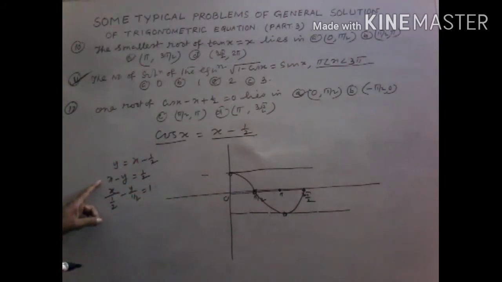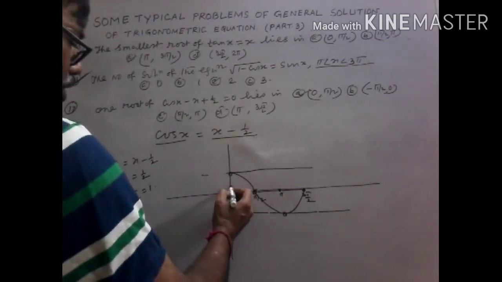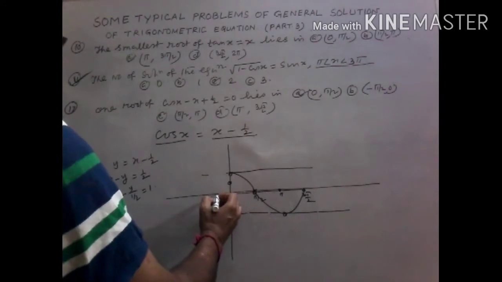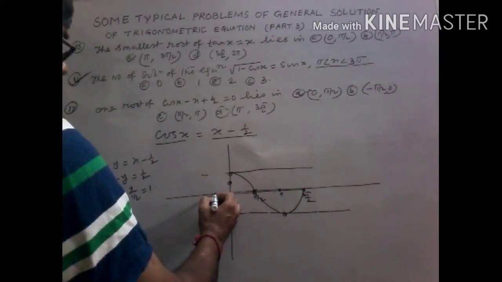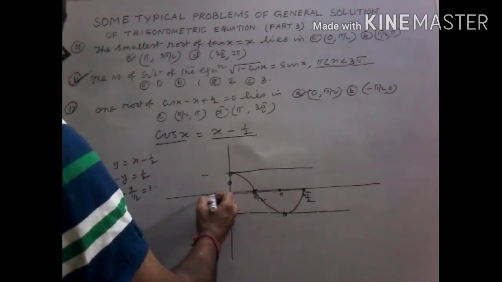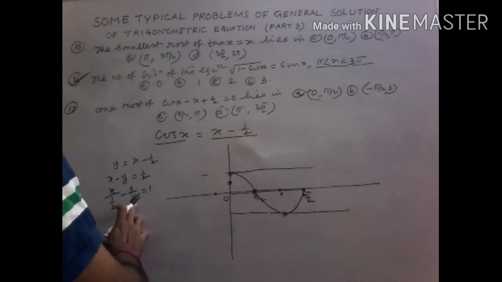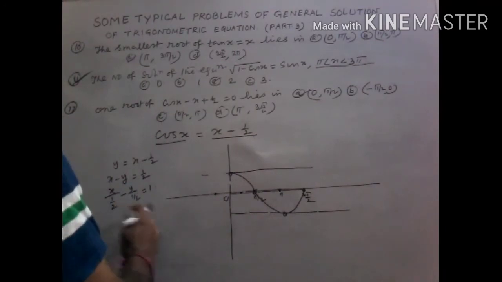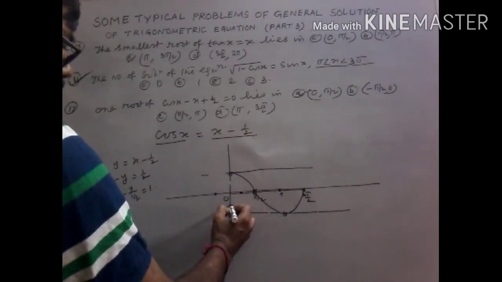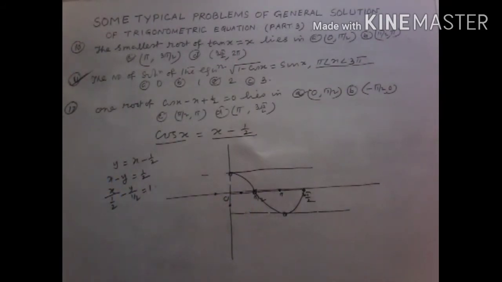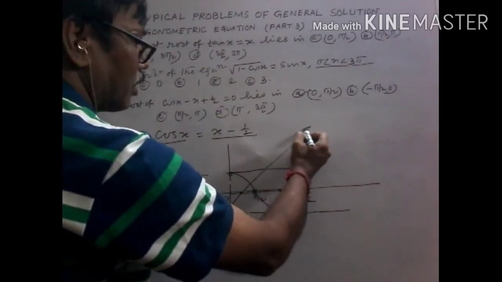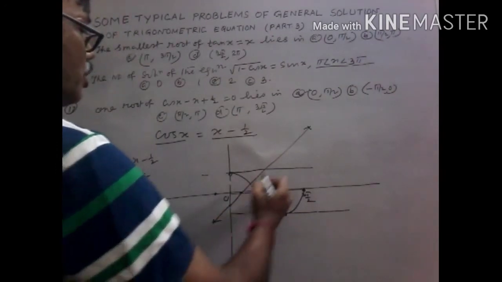So dividing by half, it cuts x-axis at half 0, and y-axis at minus half 0. This one is half 0, and y-axis at minus half 0. So if we draw the curve, you get figure like that, this one.